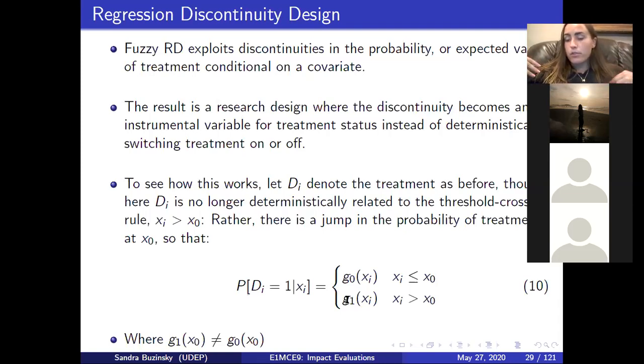When we talked about the poverty index score and said any household with a poverty index score less than 50 should be treated, then we expect that side to have a higher probability of receiving treatment than the other. So that's all this is saying, really: there's some relationship now between the treatment status and the x, the poverty index score. So it's not perfectly 1 and 0.